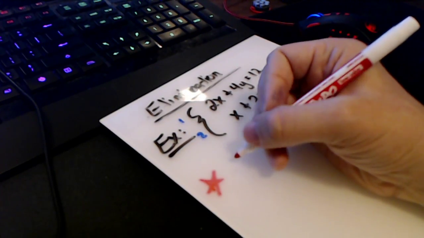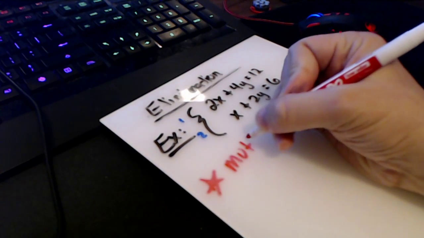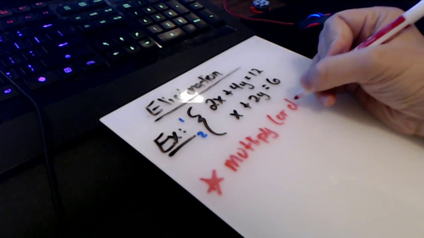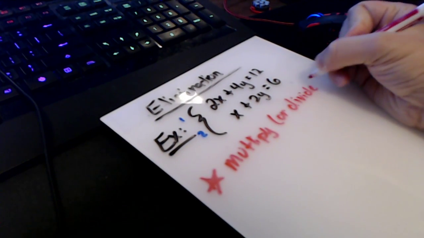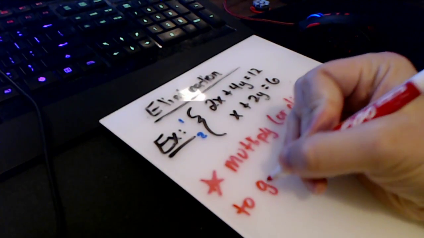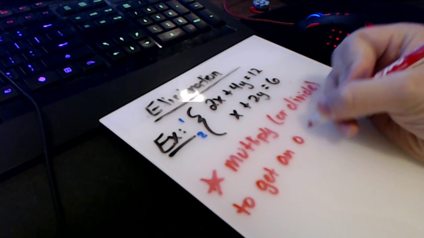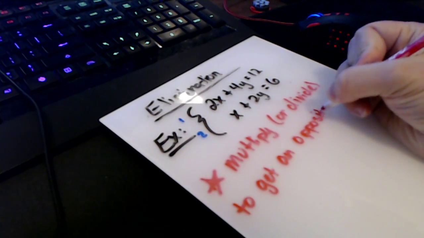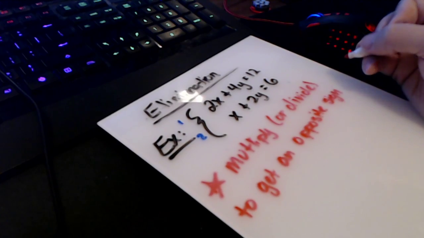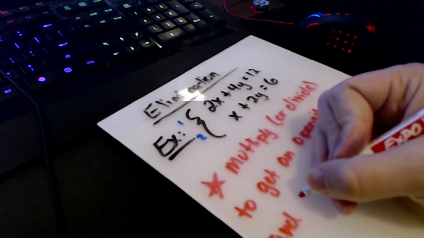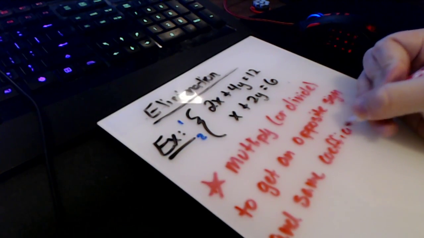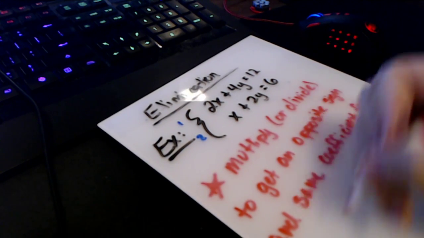So when we talk about elimination, our goal is to multiply. You could also divide, but really you're going to multiply most of the time, to get an opposite sign and the same coefficient for a variable term.